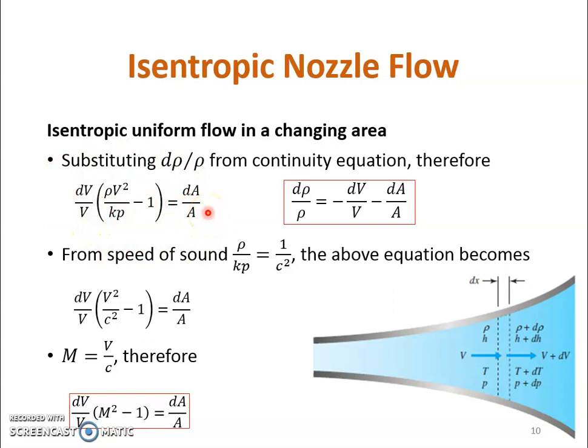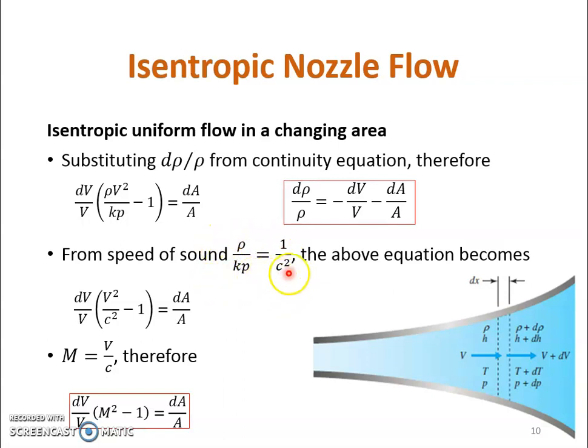Because we want to relate to the category of this flow, whether it's subsonic or supersonic, we have to come up with the relationship with the Mach number. We also know from the speed of sound topic, you can go back and see this equation before we get the general speed of sound equation.